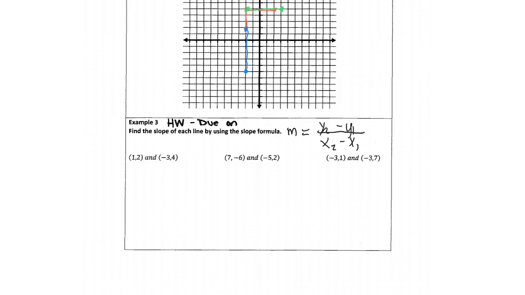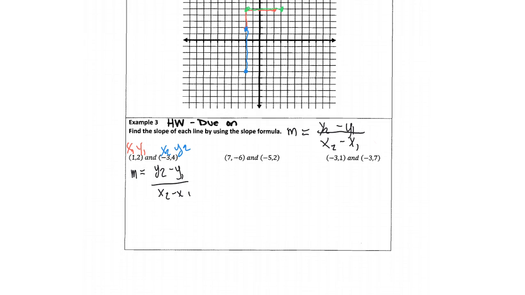I always start with whichever ordered pair comes first. So this is my x1, this is my y1, this is my x2, y2.